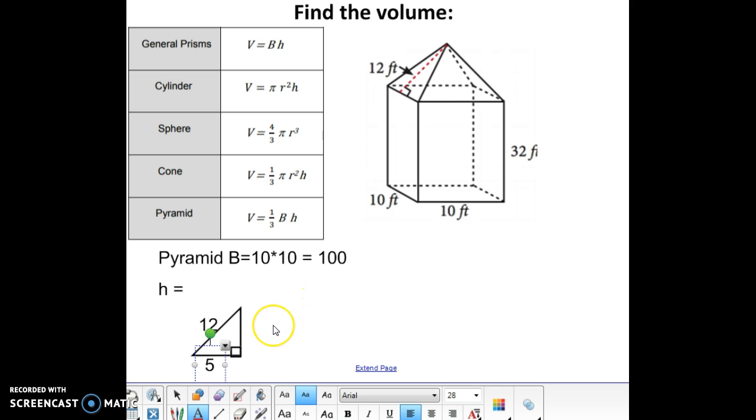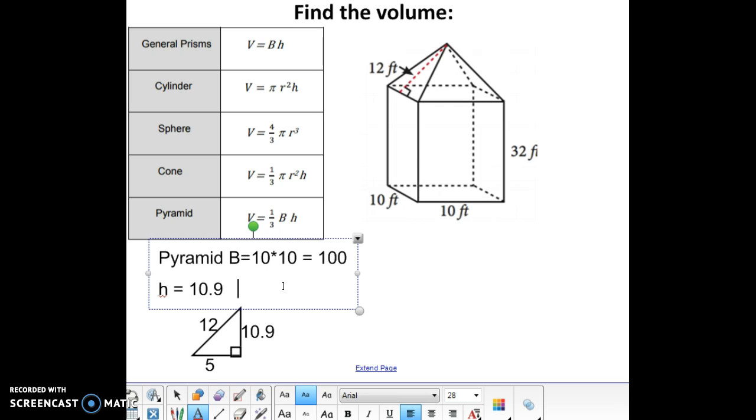And then we can use Pythagorean theorem to find the other piece. So if we use Pythagorean theorem, we find that the height of that pyramid, which is this vertical side on this little triangle here, is 10.9 feet. So we now know the base, we know the height, and all I did was do Pythagorean theorem on that and round it. So I get 10.9.